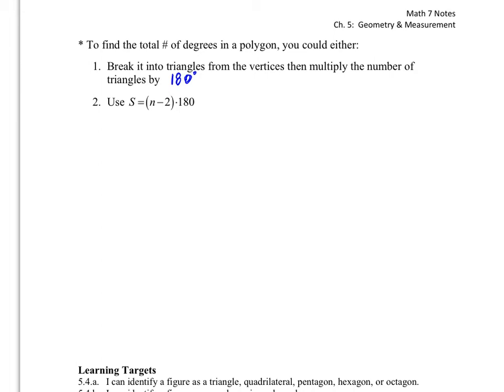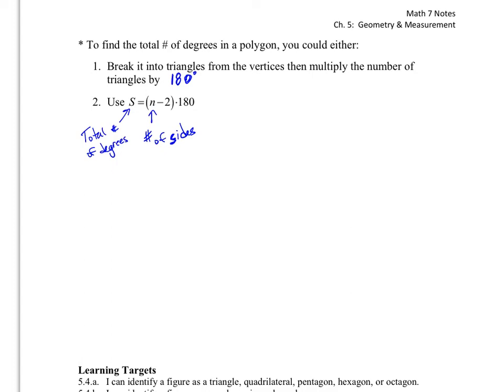S equals n minus 2 times 180, where this n here is the number of sides, and S is the total number of degrees. So this formula is going to come in handy for us.